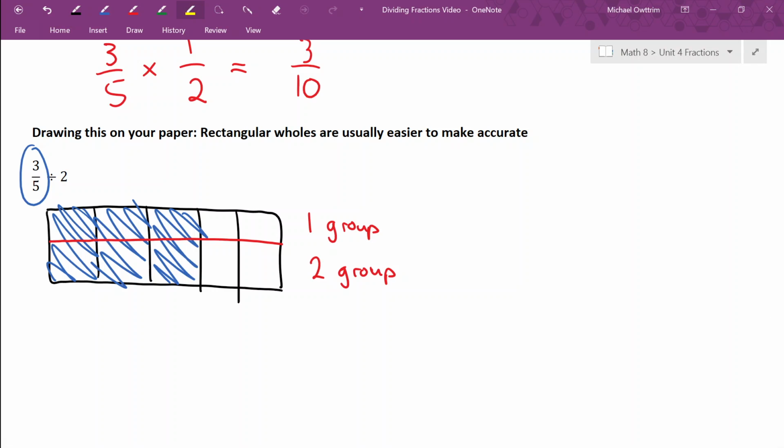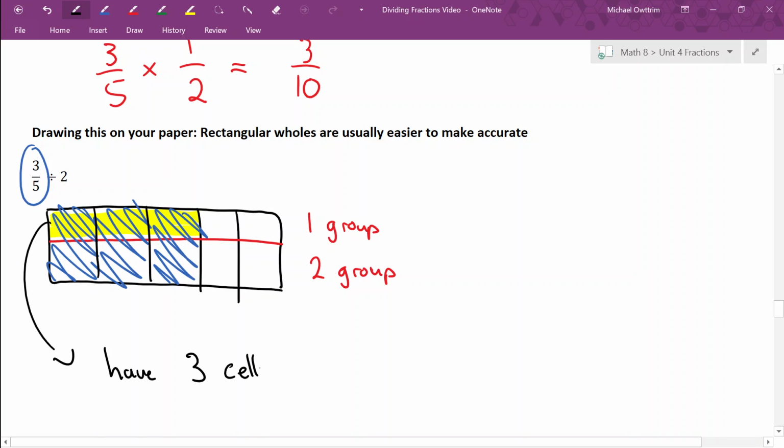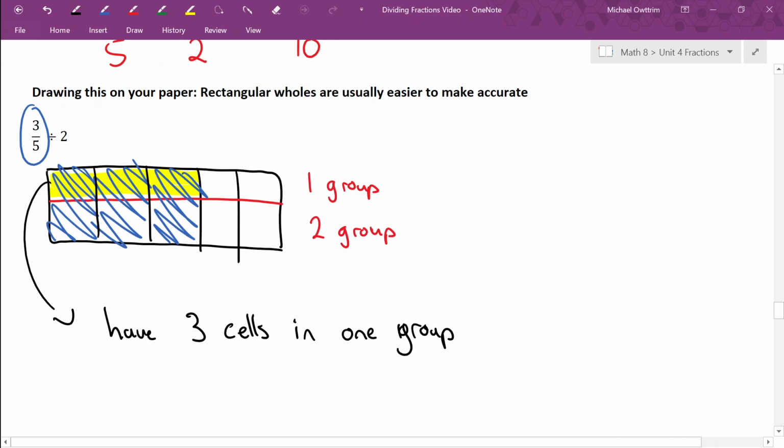And I could go ahead and say, well, how many objects do I actually have in a single group? I have 3 cells in one group. And how many are in the one whole?